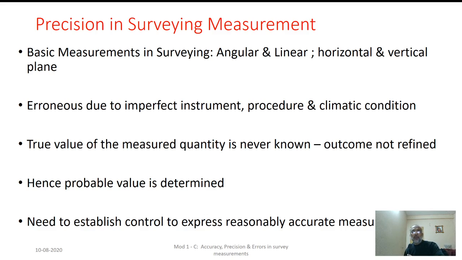As we know this limitation, it is our responsibility to establish control on the probable ways through which the error is entering, so that we get reasonably accurate measurements.